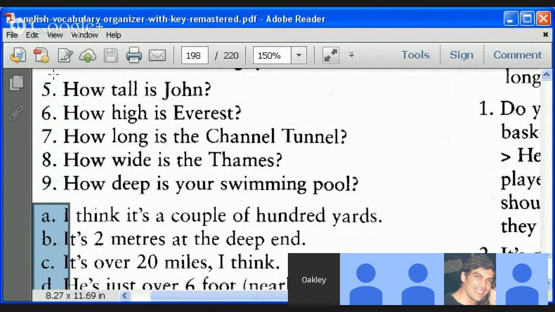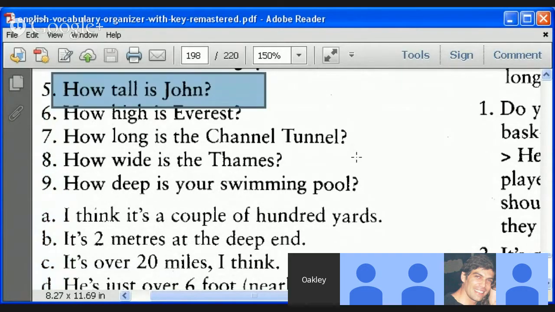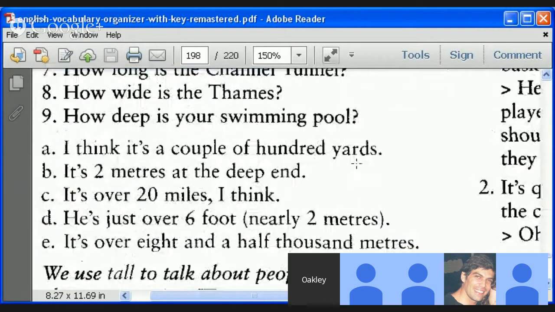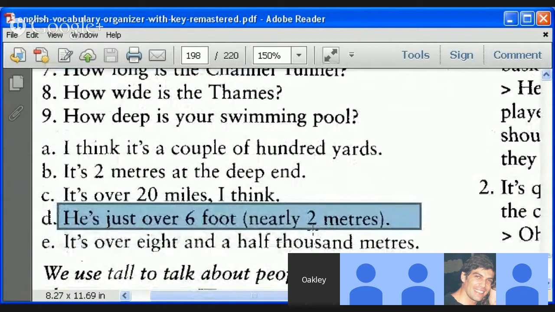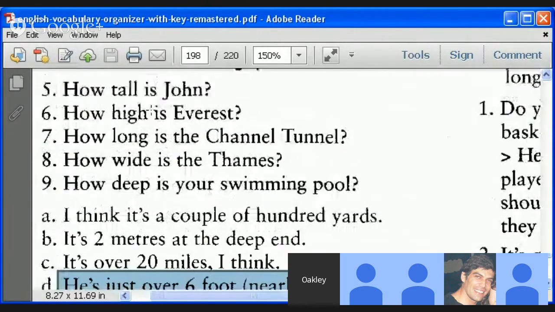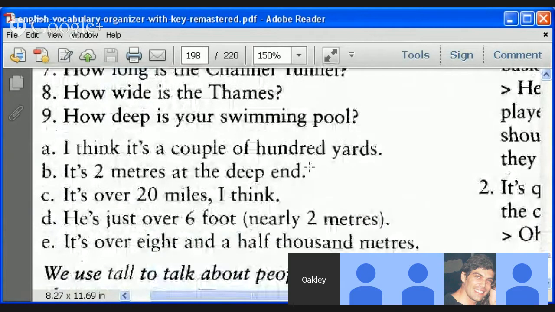So Mustafa, how tall is John? He's just over 6 foot, nearly 2 meters. All right, just over 6 foot. Very good. So we talk about how tall a person is. We would never say how high is John. That just sounds weird. Exactly.